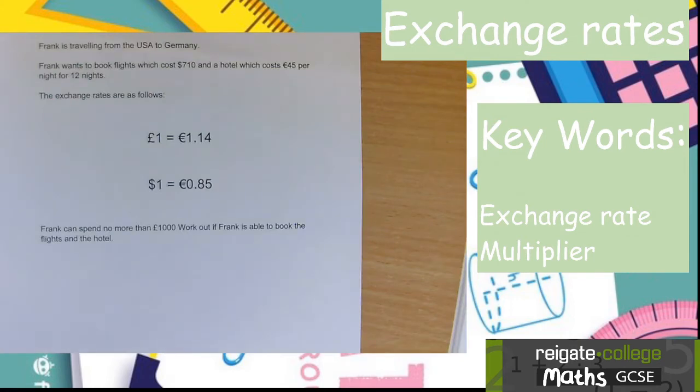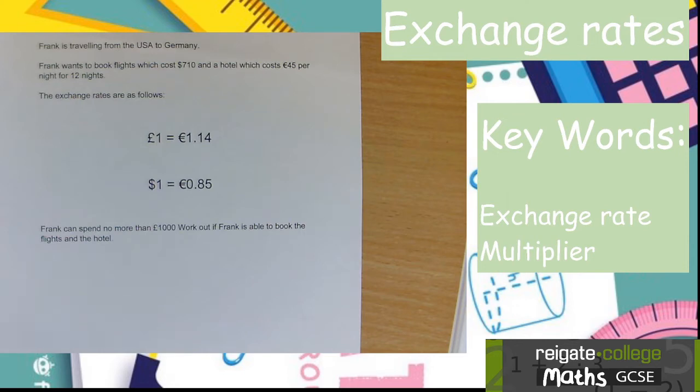My final question here is slightly more involved, but with a little bit of organisation, it needn't be any more difficult than the previous two. The question says Frank is travelling from the USA to Germany. He wants to book flights which cost $710 and a hotel which costs €45 per night for 12 nights.